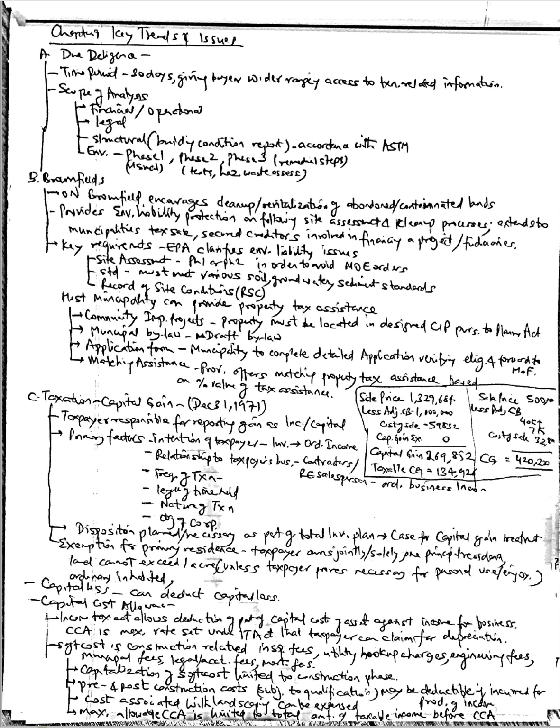The municipality must complete a detailed application form verifying the program eligibility and forward it to the Ministry of Finance. The earlier drafted bylaw can then be enacted once the application to the Ministry of Finance is successful. The province offers matching education and property tax assistance, so there is a matching contribution from the province side, based on the percentage value of the taxes offered by the municipality.